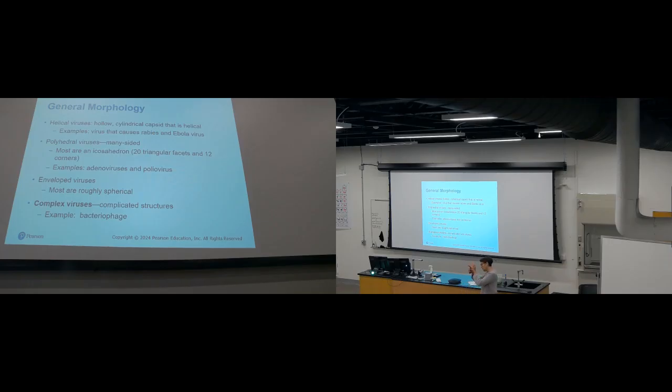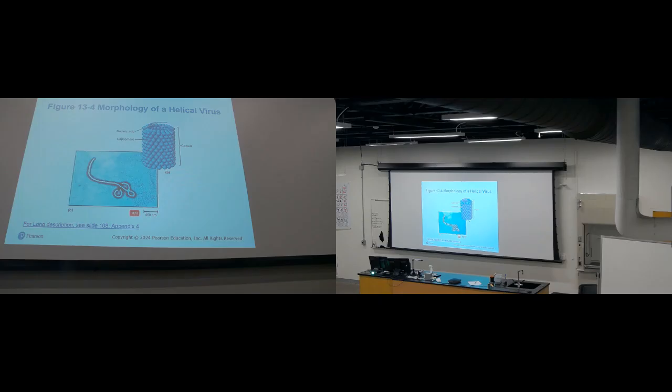They look to me like they have a head, a little tail, and a base plate. You will see when they are infecting bacteria in the next slide, that for me looks like an alien ship. Of course, I don't believe in aliens, but I watch movies about them.